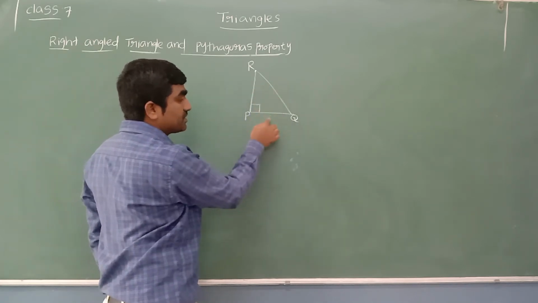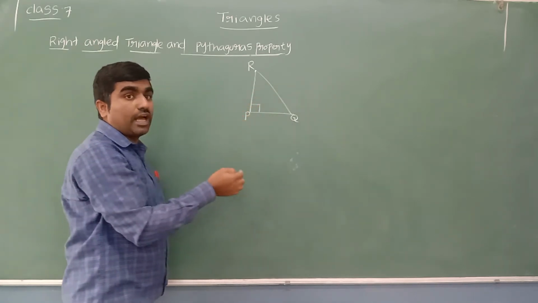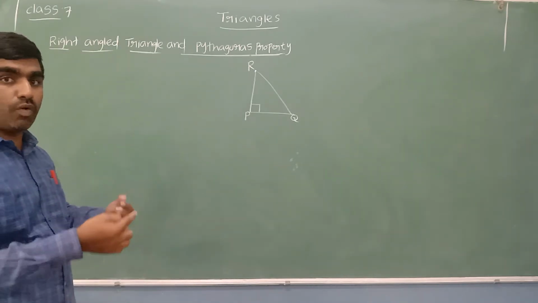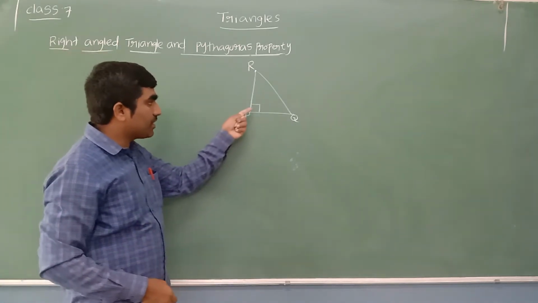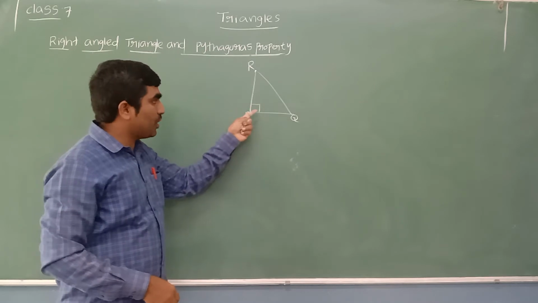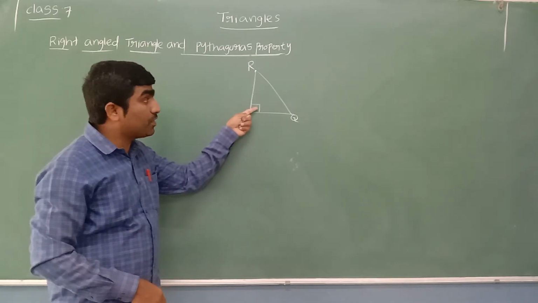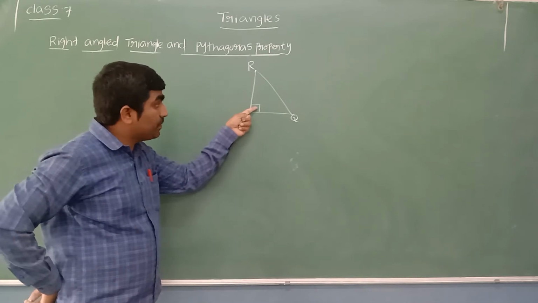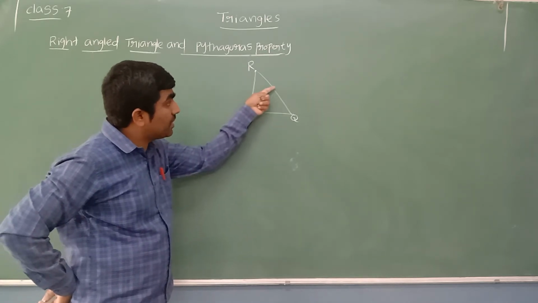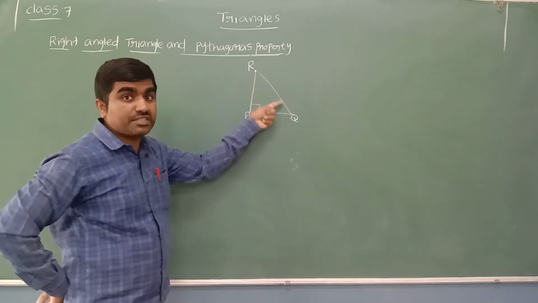These three sides of a right angle triangle have special names. Let's see what they are. Here we can see the right angle, so angle P is 90 degrees. Tell me, what is the side opposite the right angle? Opposite of angle P is QR, or you can say RQ.